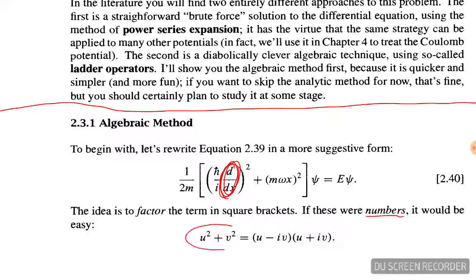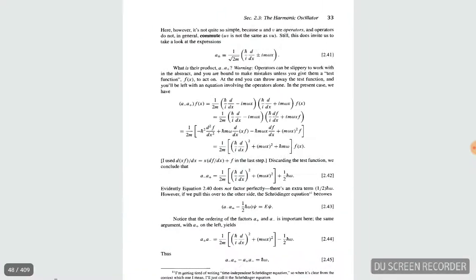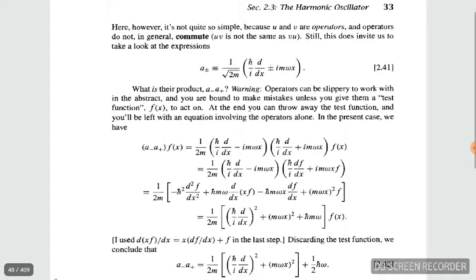If they were numbers, this would be easy to break apart. So you have u squared plus v squared. You could factor that into u minus iv times u plus iv. However, we're not dealing with numbers. Like I said, we are dealing with operators.